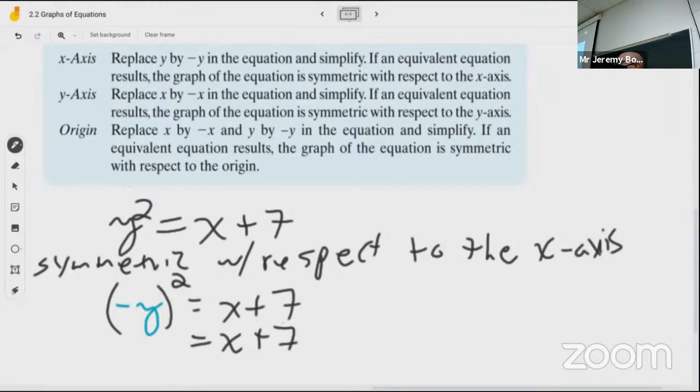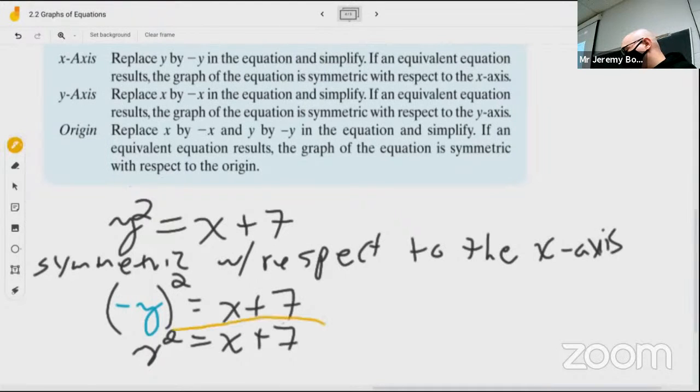If I square negative 2, what do I get? 4. So if I square a y, I'm always going to end up with what? Just y squared, right? So even though there's a negative in there, because it's raised to an even power, it's the same as having a positive there being raised to that power. And so what I end up with, well, any questions on that?